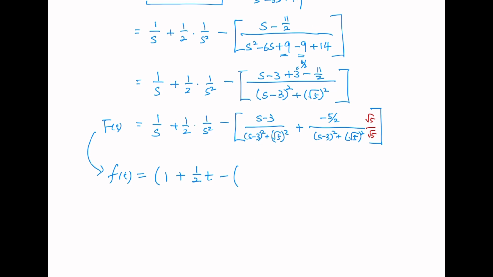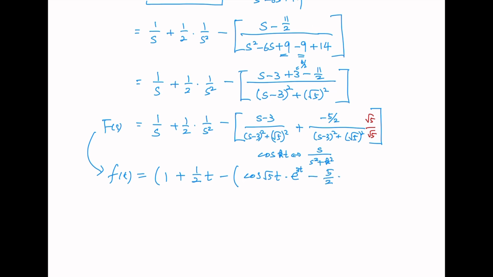The Laplace transform of cosine kt is s over s squared plus k squared. So in here, we're going to have cosine. What is the value of k? Square root of 5 t, times the translation theorem, e to the 3t. So that will take care of s minus 3.